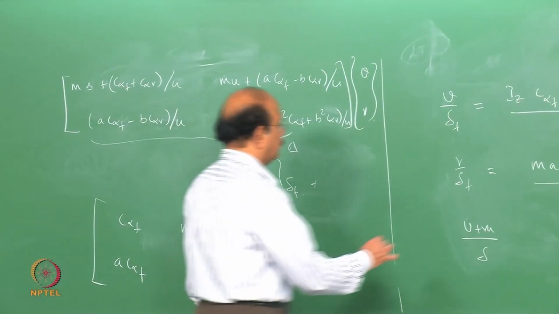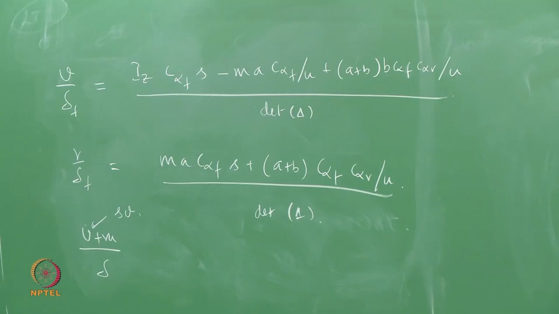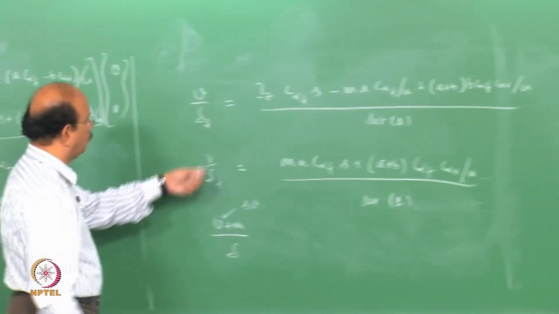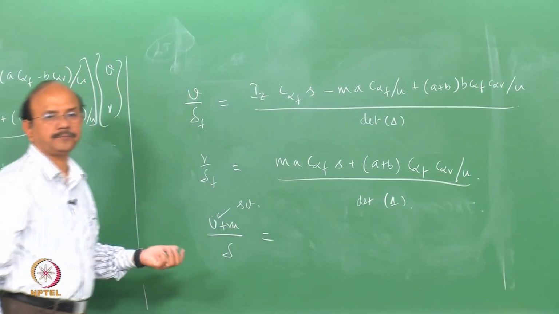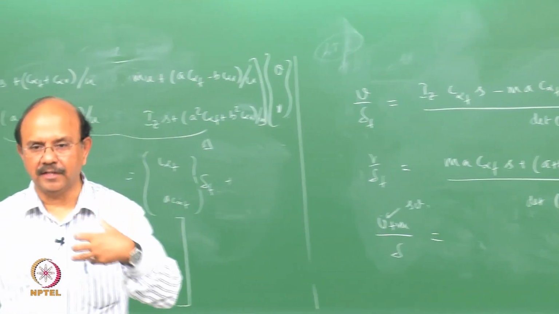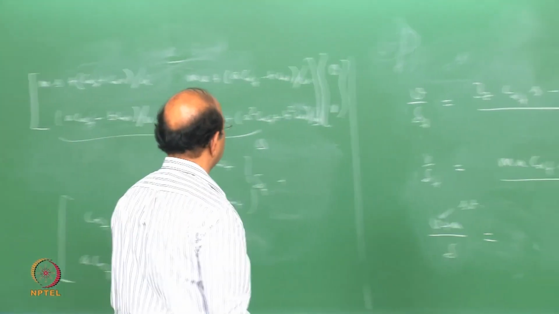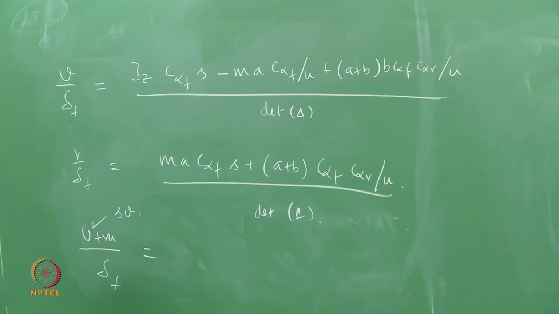V dot is nothing but SV, and plus RU, R I know, U, so combining these two I will get V dot plus RU, that is the lateral acceleration gain. I can find that out from these two expressions. Can I? Write down what that expression is.